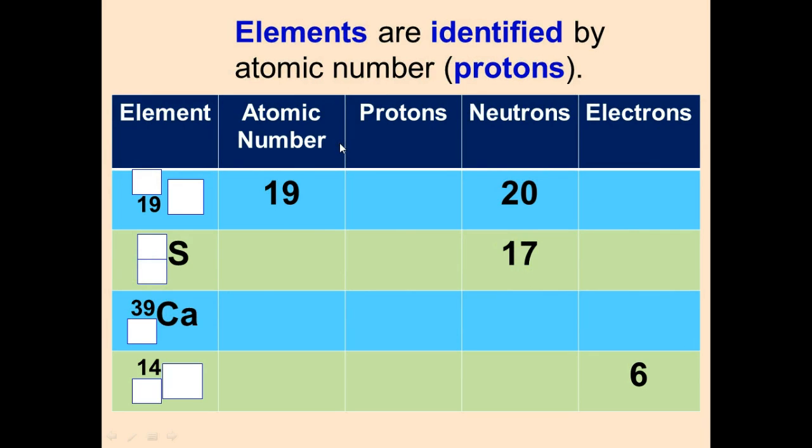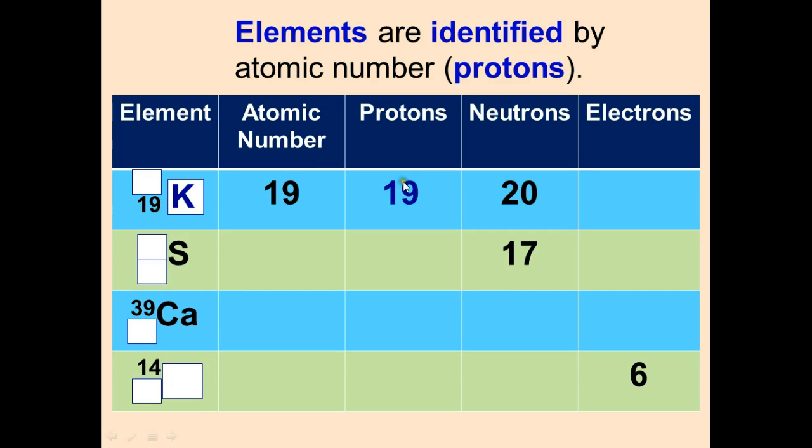If you are looking at your periodic table, you look at number 19 and you find that it is potassium. First we fill out that it's potassium, so we just write the symbol here, K, and then we can figure out the number of protons because the atomic number is the number of protons.